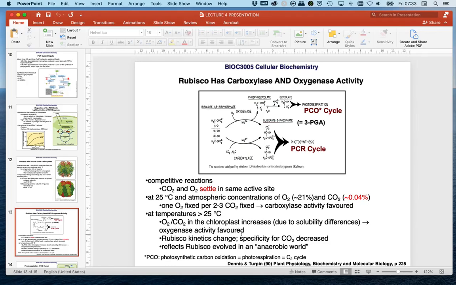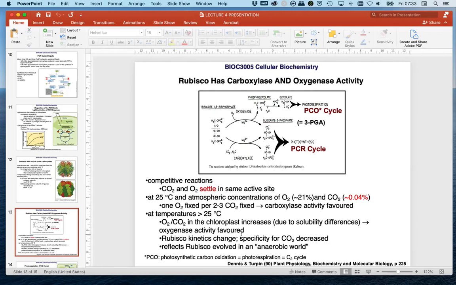But when temperatures start increasing above 25 degrees, the concentration or the ratio of oxygen and CO2 in the chloroplast increases. And this is because there's different solubilities of the two gases at increasing temperatures. Oxygen is smaller, okay, it gets into the chloroplast more readily than CO2.